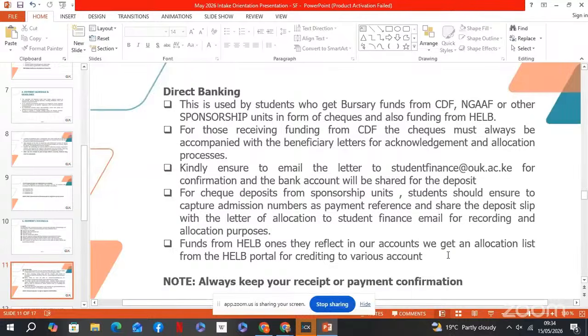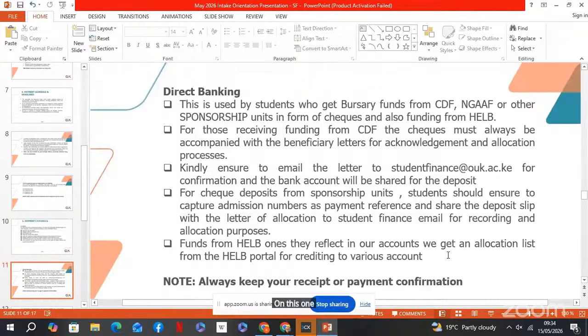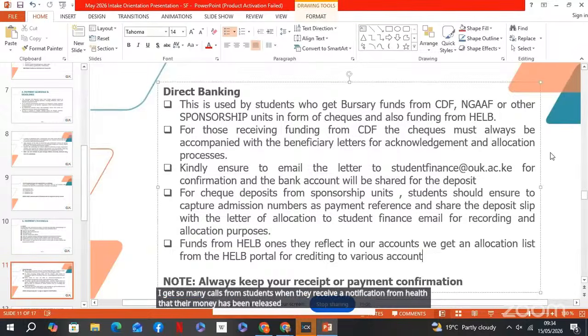So the funds from HELB, once they reflect in our account, we get an allocation list from the HELB portal for crediting to various accounts. On this one, I get so many calls from students when they receive a notification from HELB that their money has been released to our accounts.